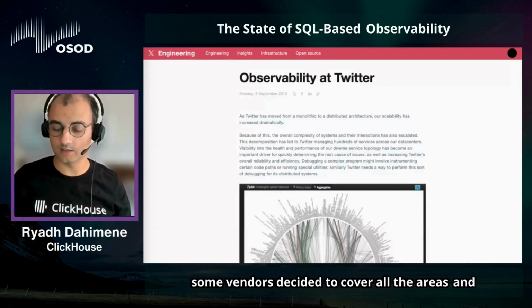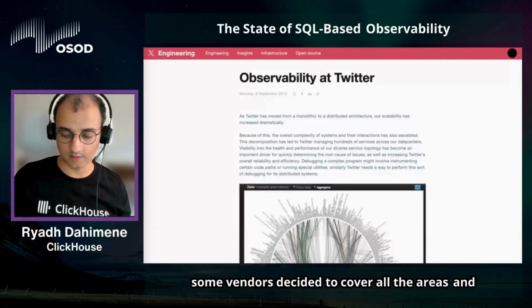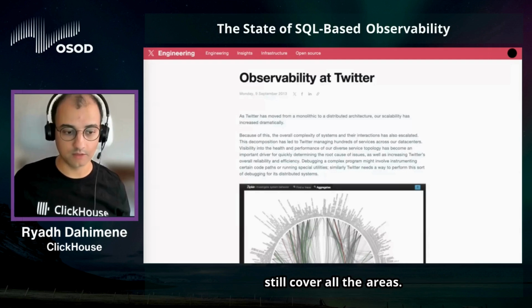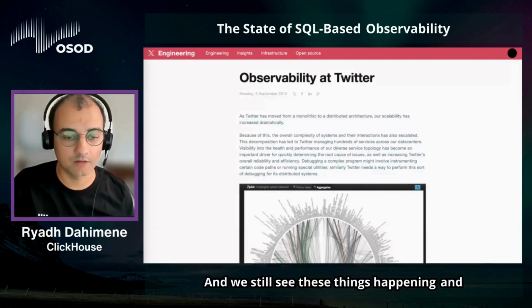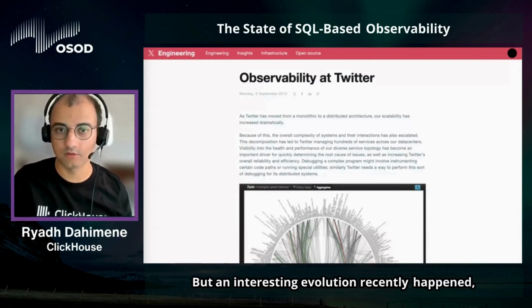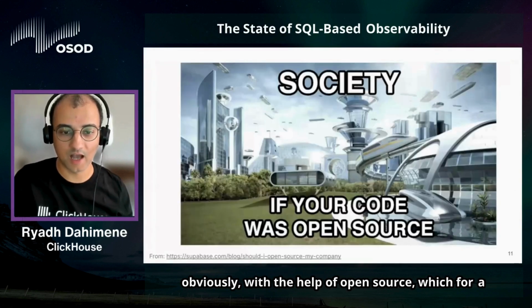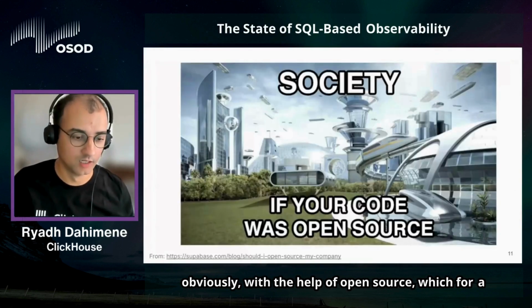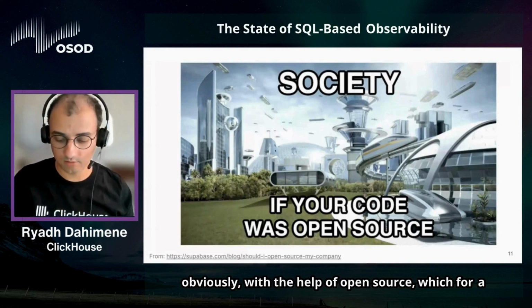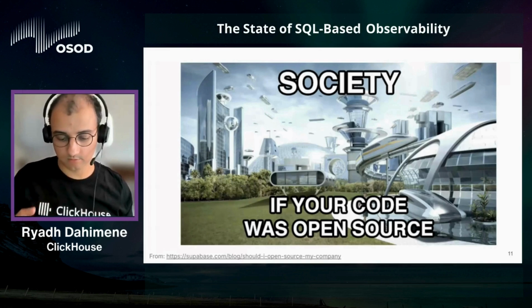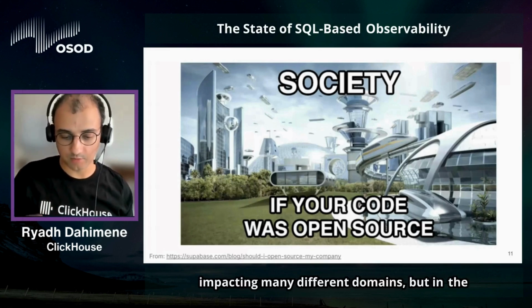Some vendors decided to cover all the areas and still cover all the areas. And we still see these things happening, unfolding. But an interesting evolution recently happened, obviously with the help of open source, which for a while was impacting many different domains.